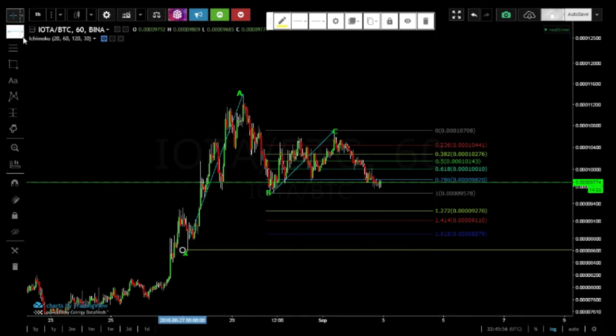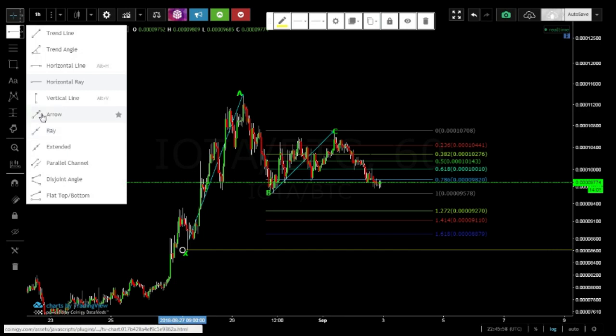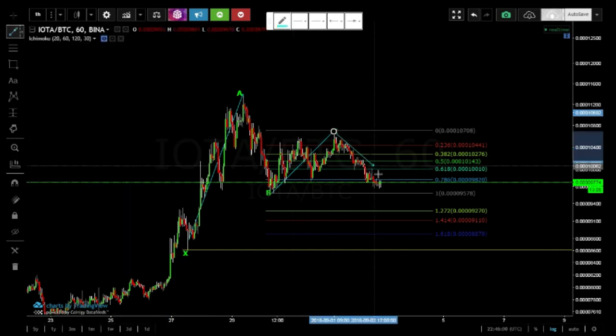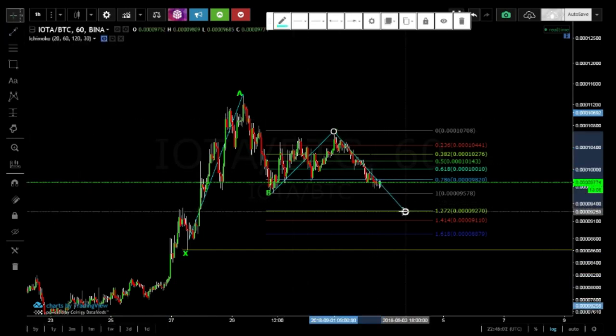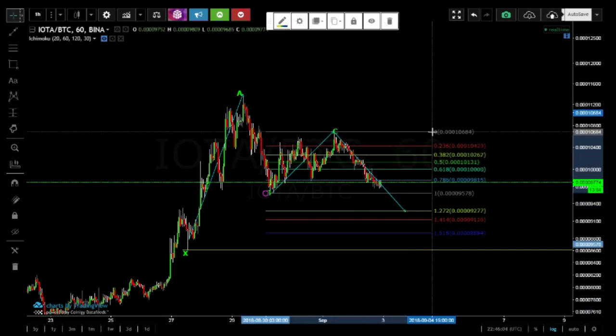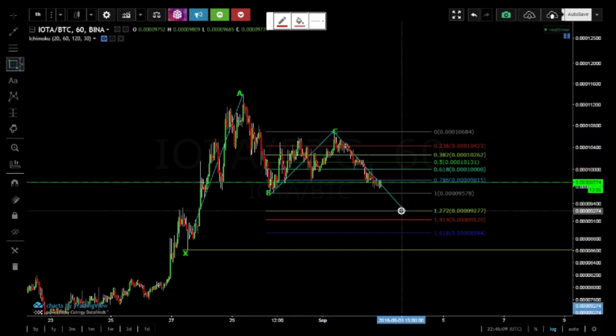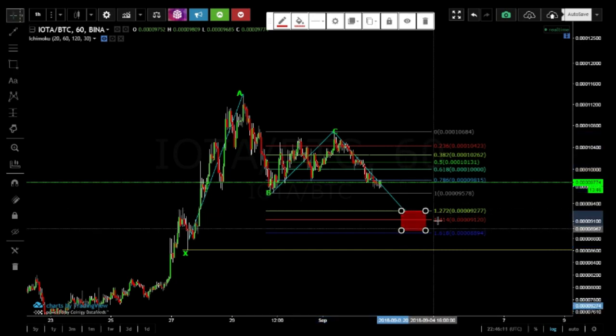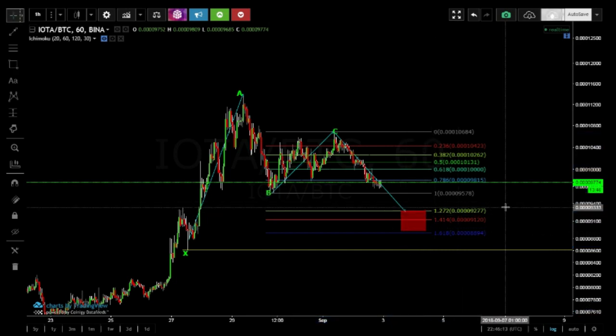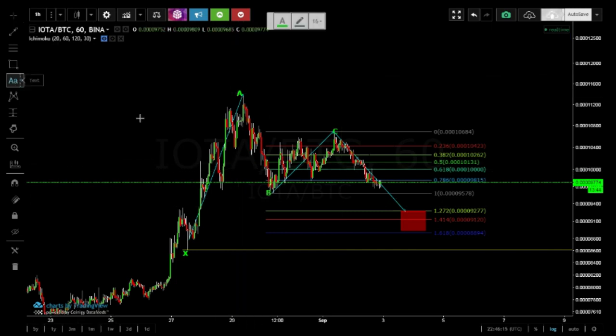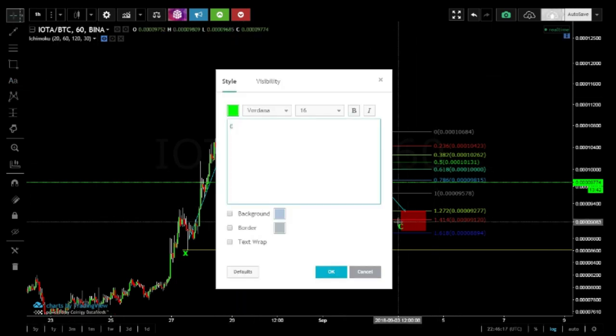So we should expect price dropping down from this place to this place, which is within this range down to this place, and we call that the D leg.